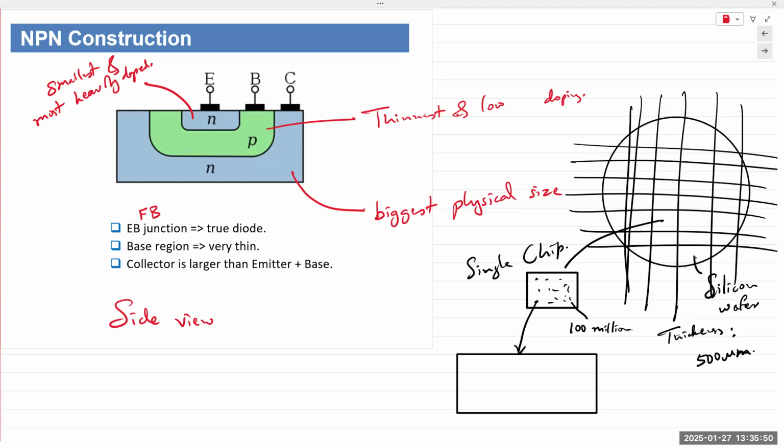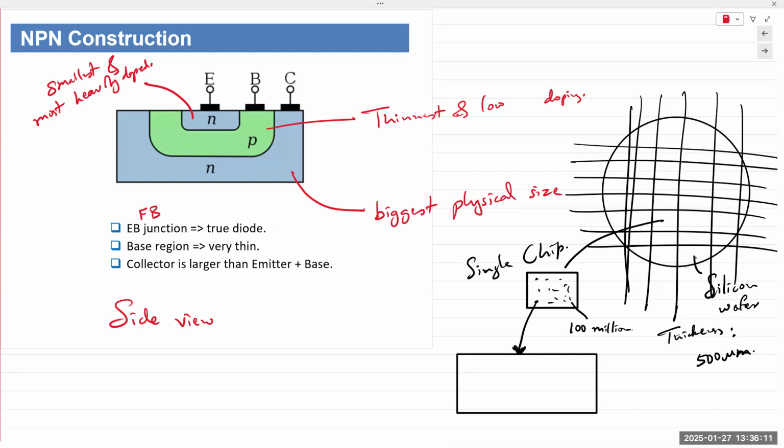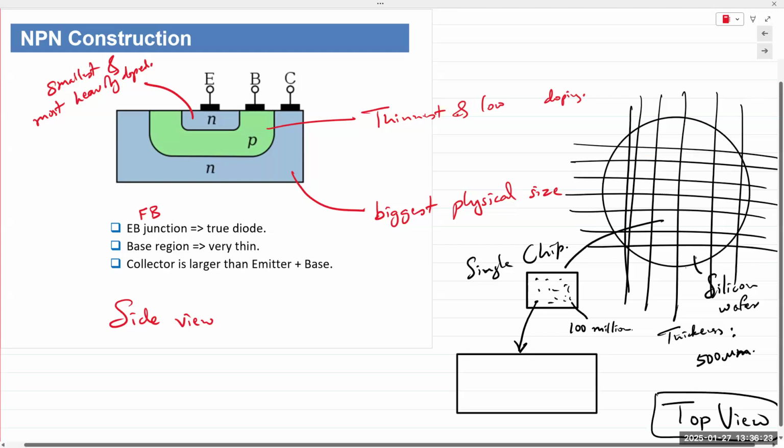And I'm just showing you one of these devices, okay? Nowadays, VLSI scaling means we are approaching billions of transistors in one single chip. So the quantity of transistors we are able to fit in one tiny space is just mind-boggling to me at least. So this would be the top view. All of this is the top view.